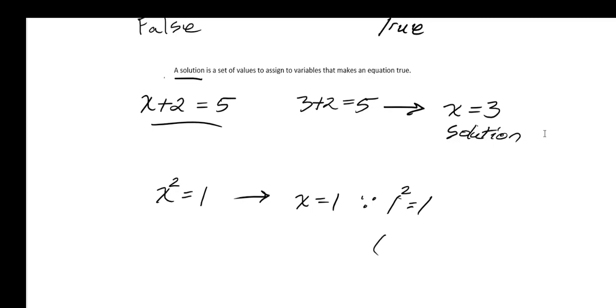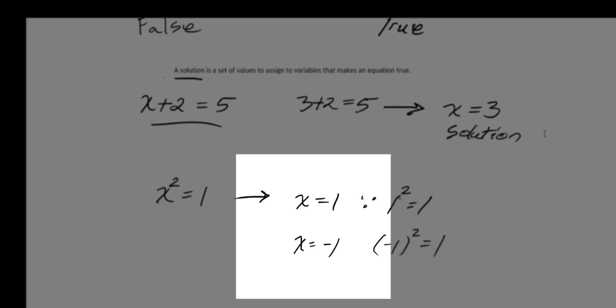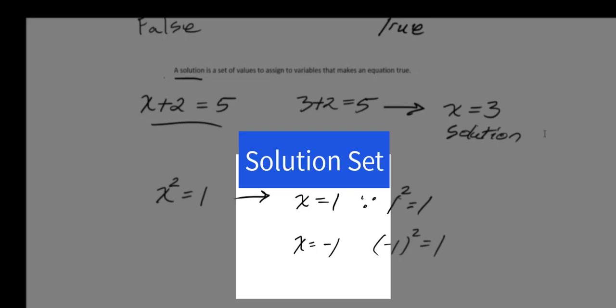But we also know that negative 1 to the second power is also 1. So that means x can also equal negative 1. I've presented to you a set of values that make this equation true. Some would call this a solution set.